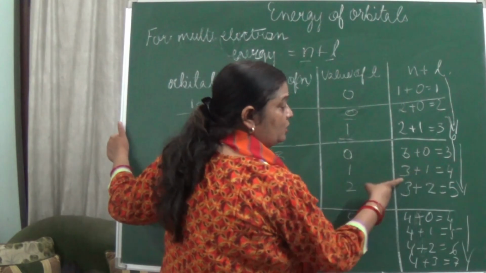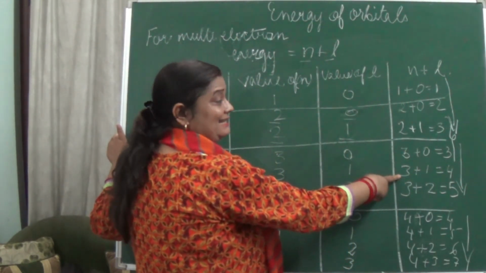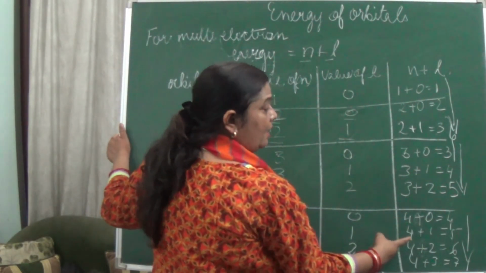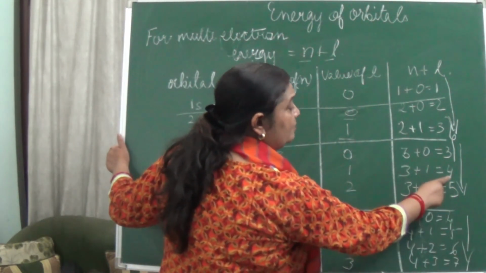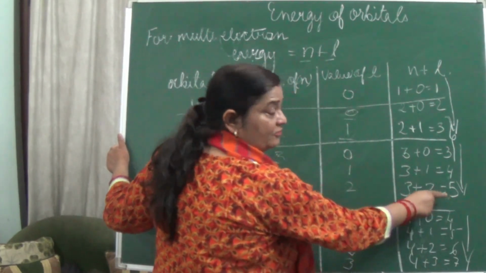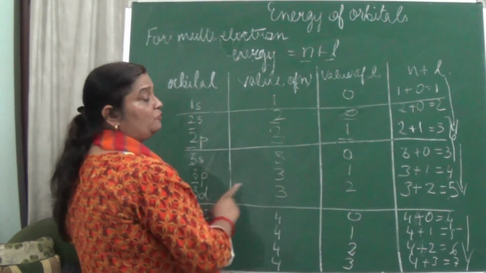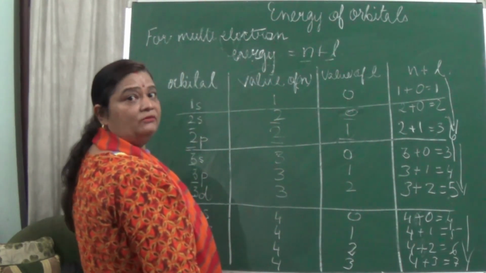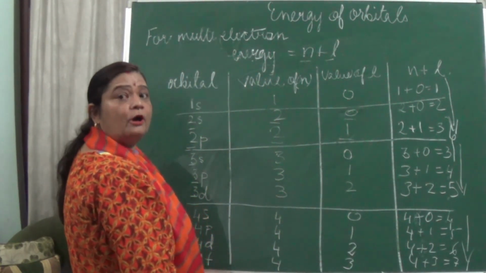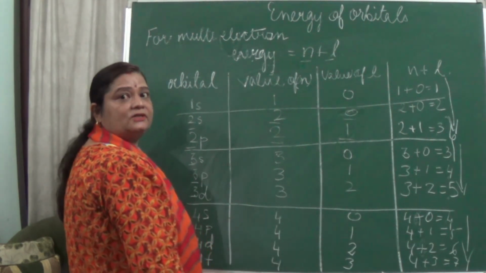This one will be written first because the energy shell number is less. But in the case of 4s and 3d, 4s will be written before 3d, which has 5. We will be arranging this in the next section.